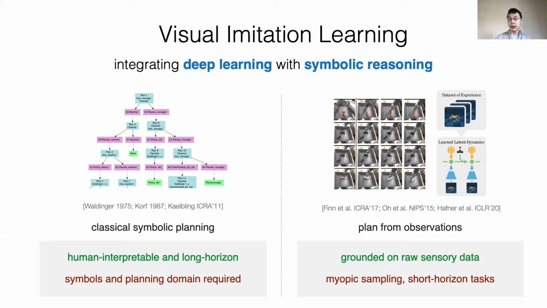So there's quite an amount of hand engineering and domain knowledge involved in designing this planner. The other is recent work on using end-to-end deep learning to plan from raw observation. This model directly operates on raw sensory data, but usually only works well with short horizon tasks because making long horizon predictions with the model is typically difficult.